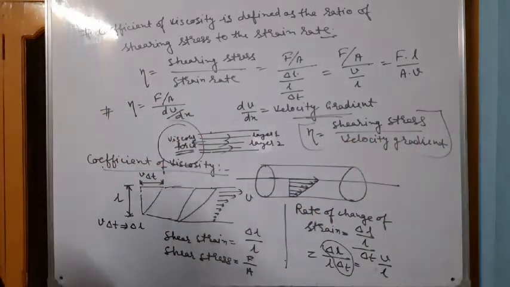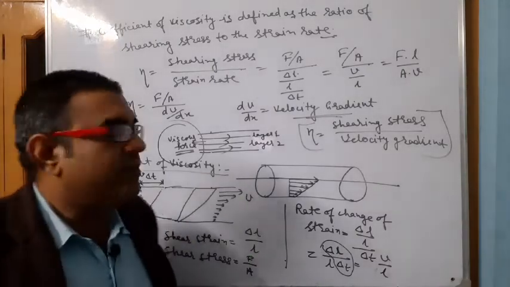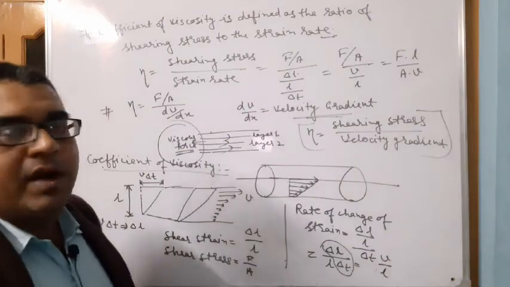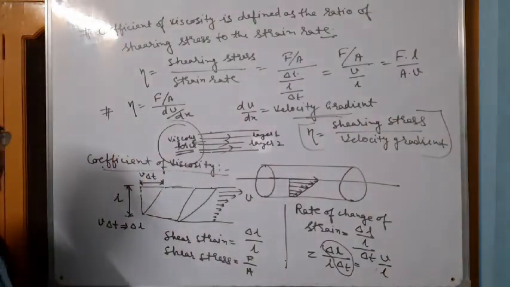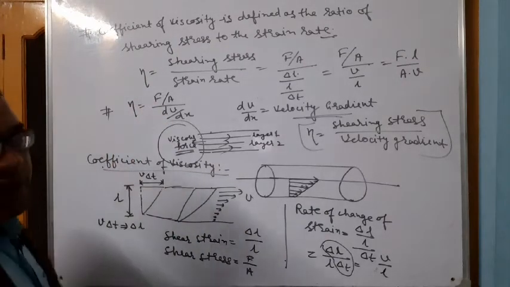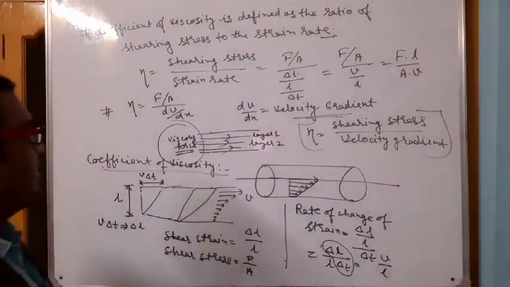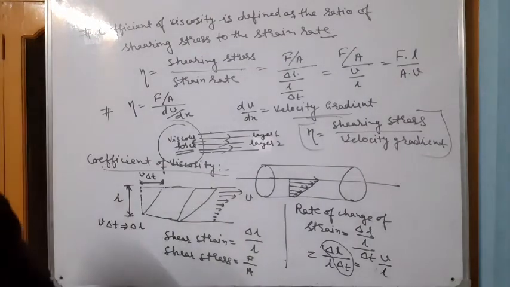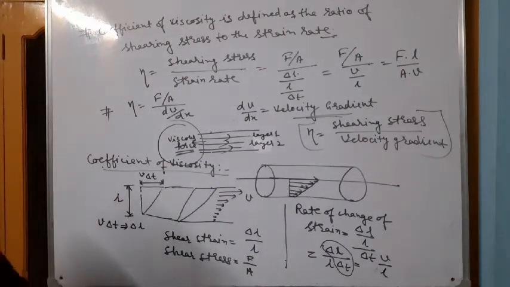If the velocity is changing along the x direction, then it can be written as F upon A divided by dv upon dx. If the velocity is changing along the y direction, then it is F upon A divided by dv upon dy. If along the z direction, then F upon A divided by dv upon dz. So this is the definition of the coefficient of viscosity.